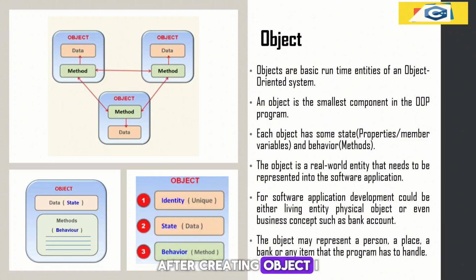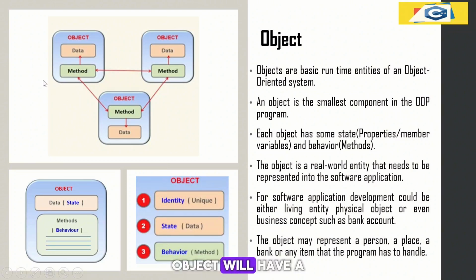After creating the object, I call the methods of the class: object name, dot operator and the method. When I am executing this code during runtime, this object helps the member functions to get executed. That's why an object is called a runtime entity.